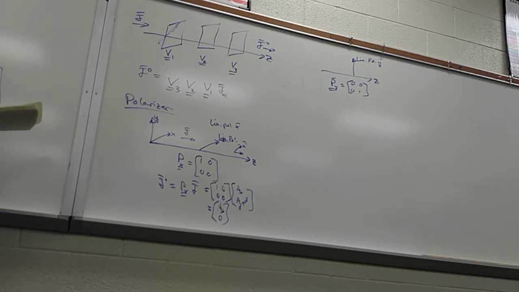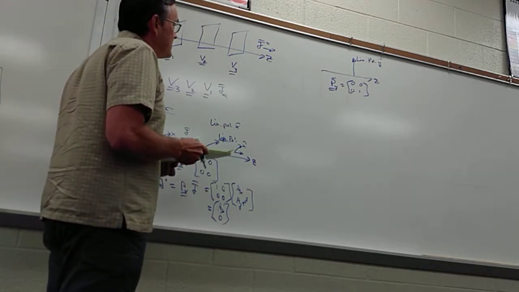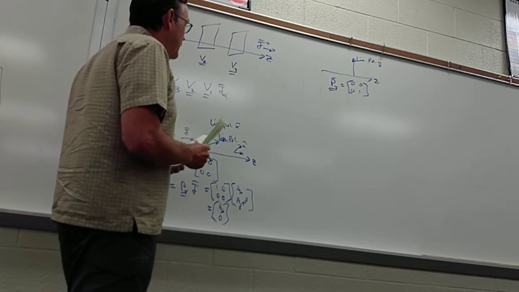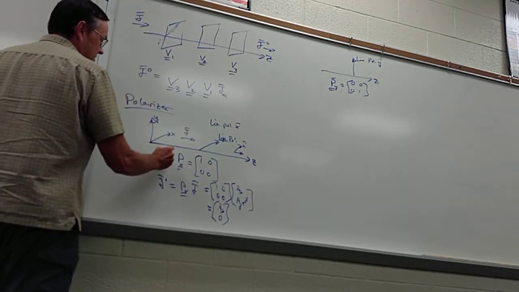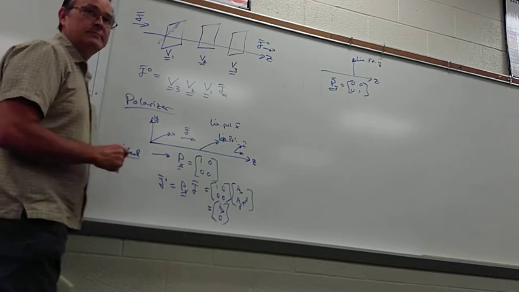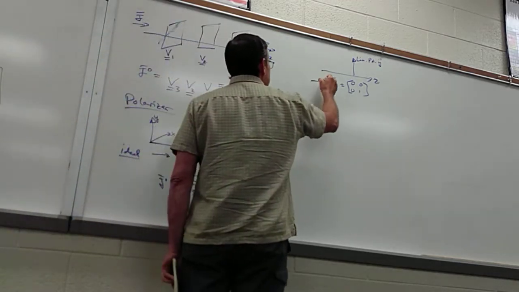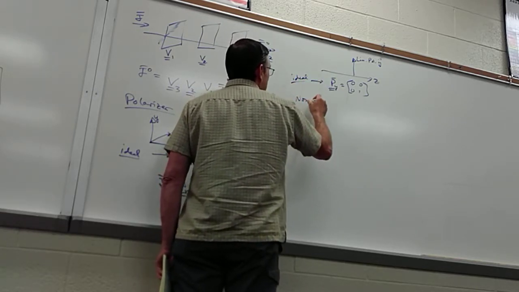We could work that out, but I'll let you do it because it's pretty trivial. What we're talking about so far is an ideal polarizer. Likewise, this is an ideal polarizer. What's a non-ideal polarizer?